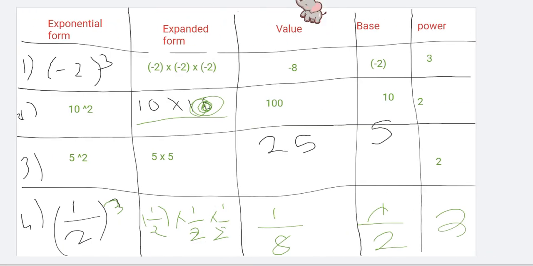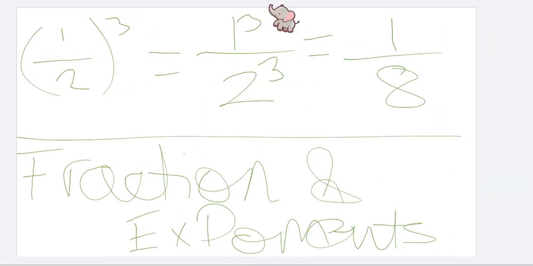Then we did practice questions. We did a table for exponential form, expanded form, value, base, and power. We also discussed it. Then we did practice. We understood how to solve fraction questions, fractions and exponents when done together, how to show the working and how to solve them easily.